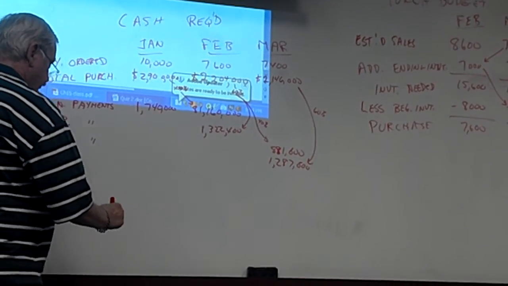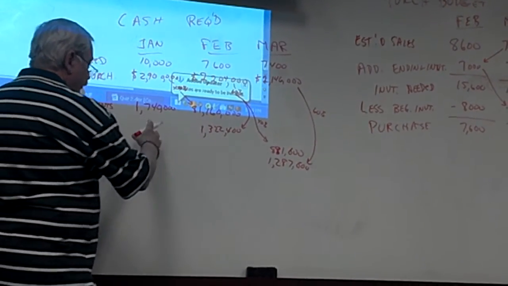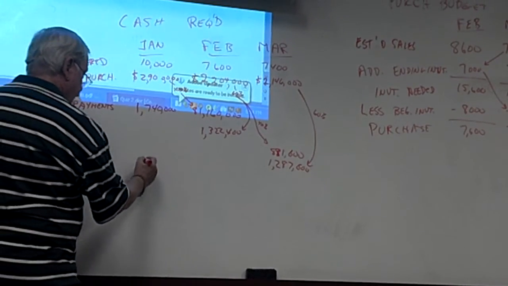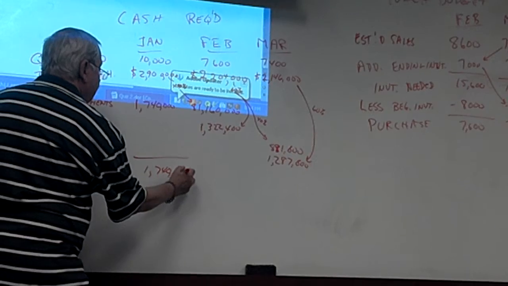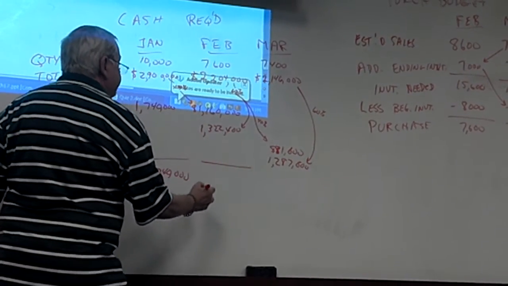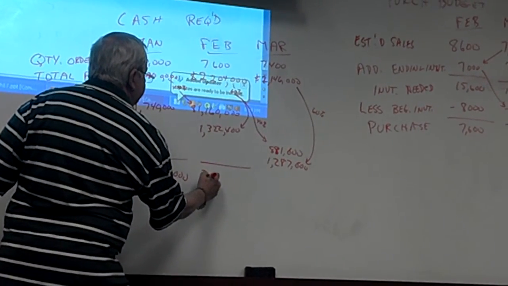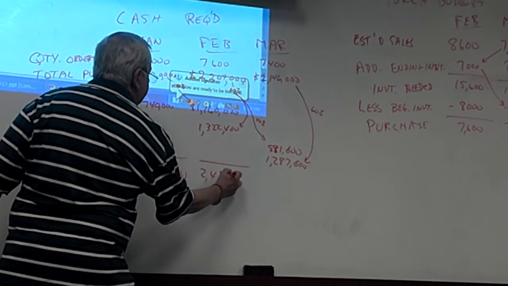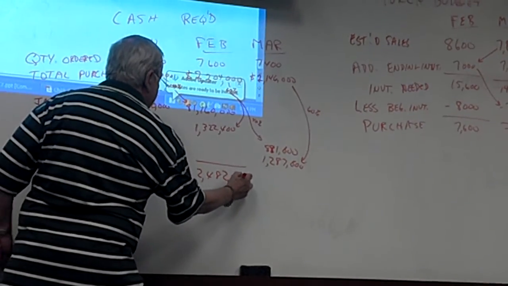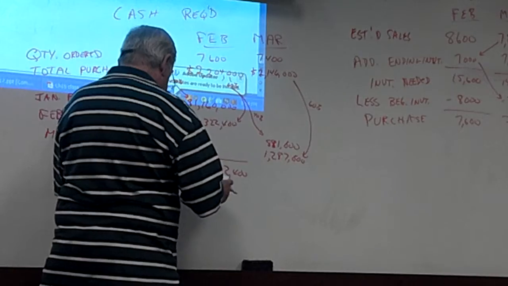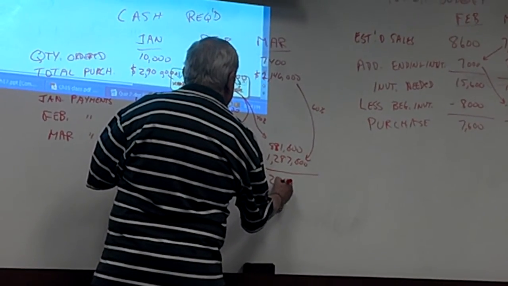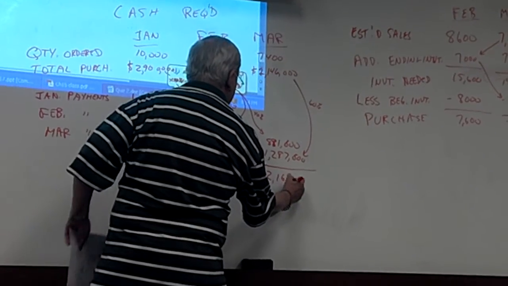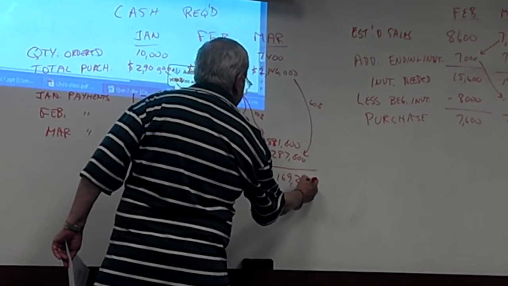Okay. So then you can add those up. So that's 1,740,000. And this is 2,484,000. And this is 2,169,200.